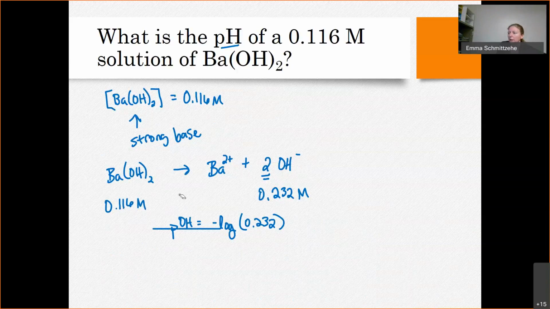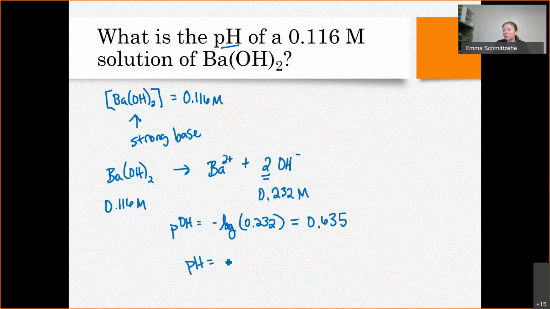If I take the negative log of that, hit the log button on my calculator, and change the sign, and that has 3 sig figs, so I should have 3 decimals for my pOH, so that's 0.635 is my pOH.